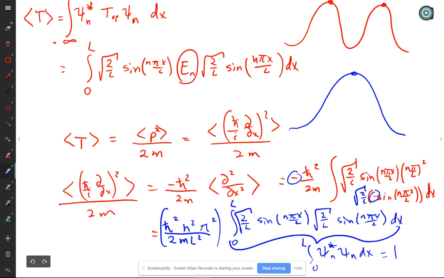Our orthonormal condition says that that integral has to be 1. We've already established it is. There's no point in going back and doing the integral again and again. And so, indeed, I have the expectation value for kinetic energy, or for energy, is the energy.